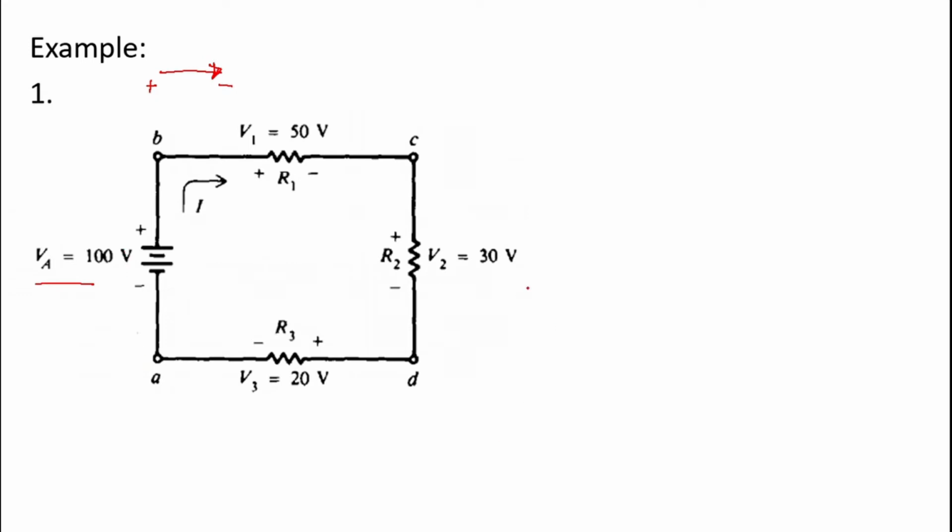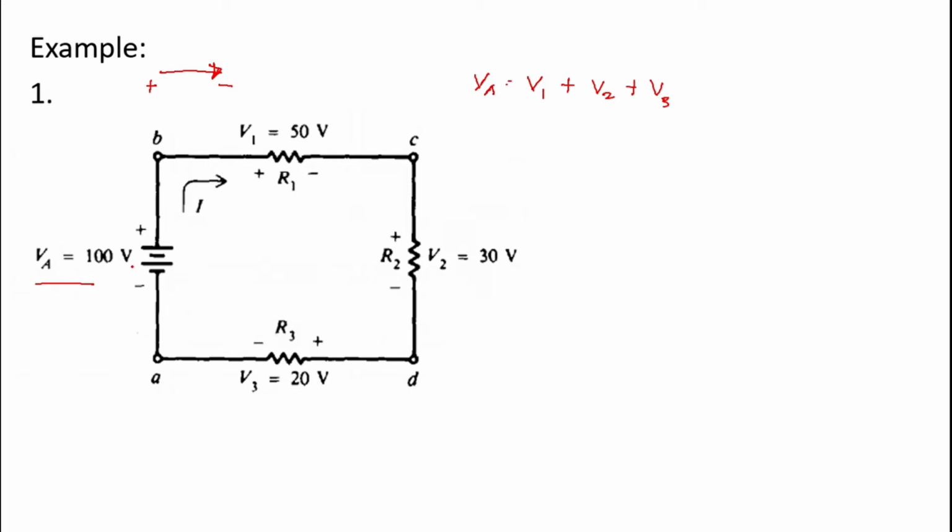Now let's write the equation. The voltage applied is equal to the summation of the voltage drops across each component: V1 plus V2 plus V3. Let's prove the definition of the KVL, which says the voltage applied is equal to the summation of the voltage drops across each component.